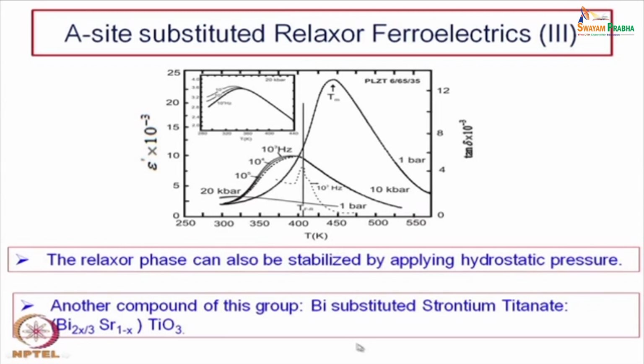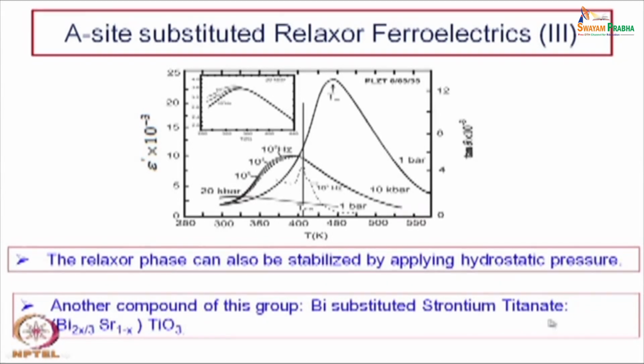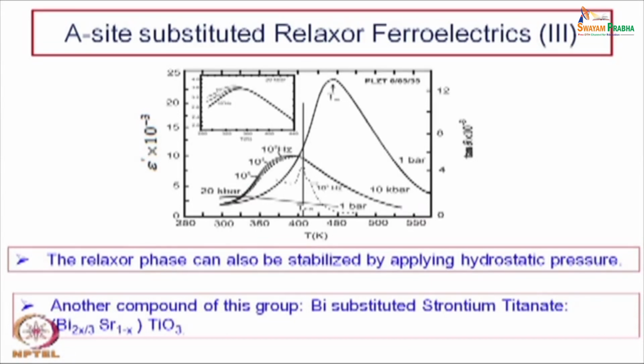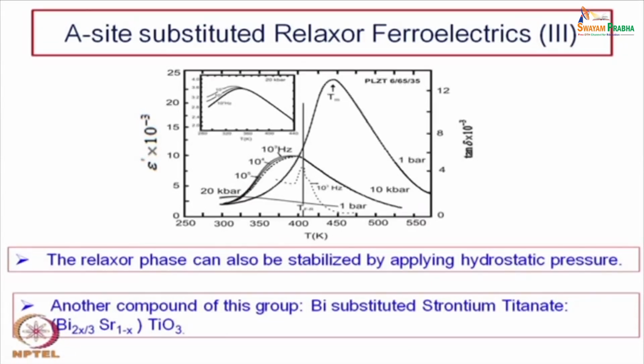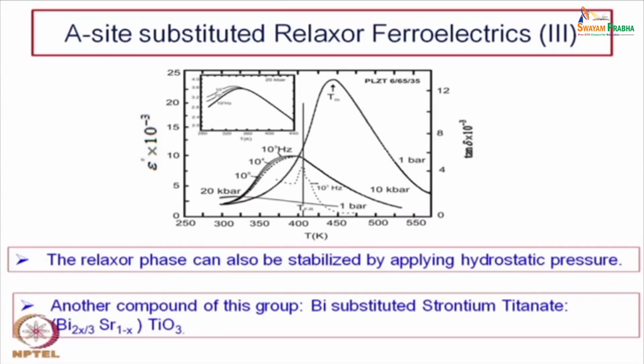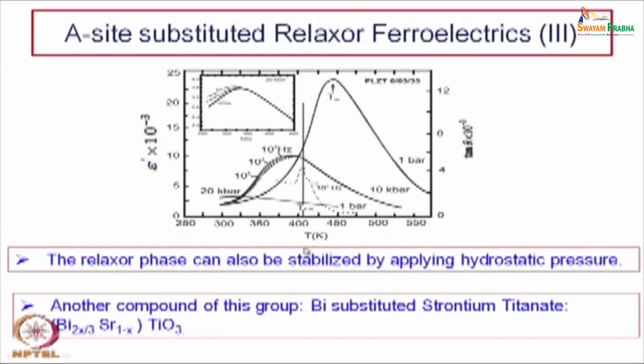This is one thing: the bismuth substituted strontium titanate. Okay. So, the bismuth substituted strontium titanate, where part of the strontium has been replaced by bismuth, that also has a relaxor ferroelectric behavior, but the details of the data are not here. Okay.